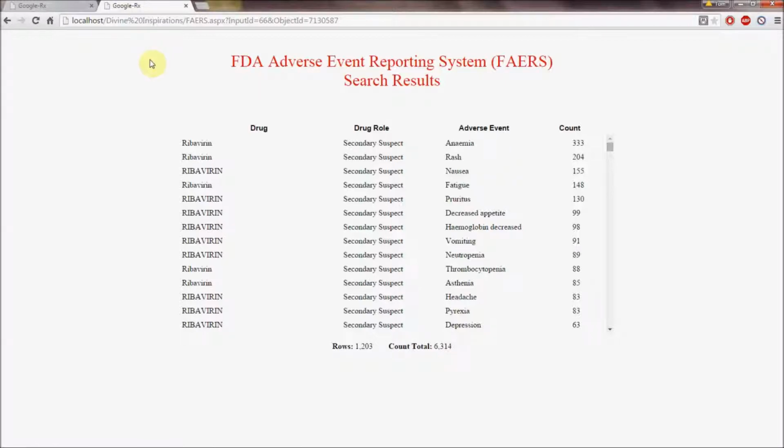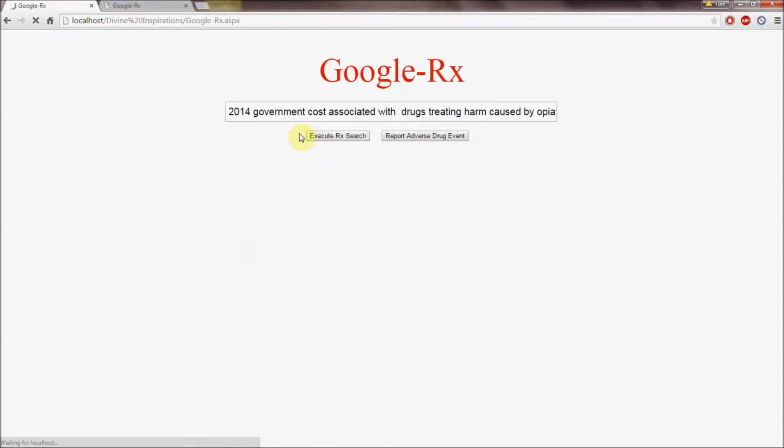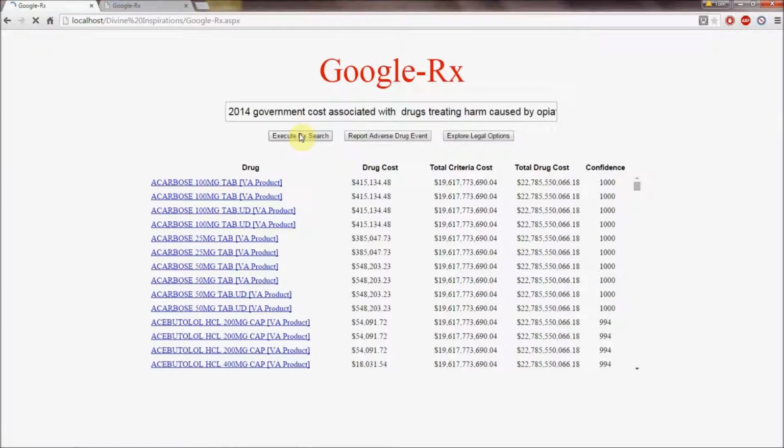Let's go back to the previous page. And having looked at drugs treating harm caused by opiate drugs, let's now expand on this as follows. 2014 government cost associated with drugs treating harm caused by opiate drugs. Okay, we see a variety of drugs.